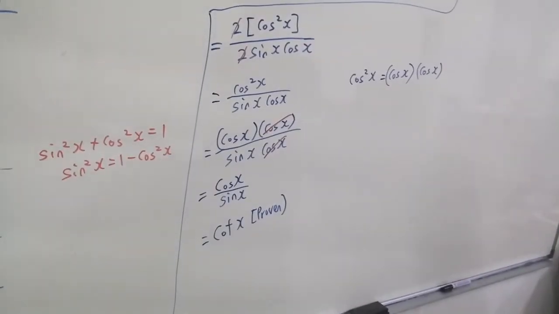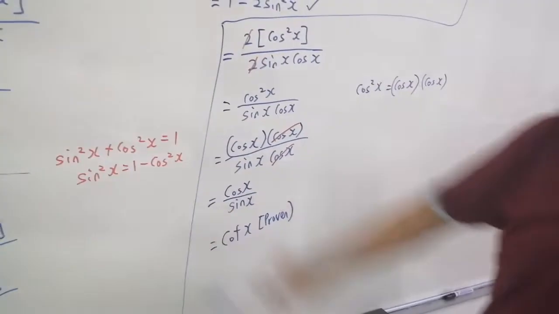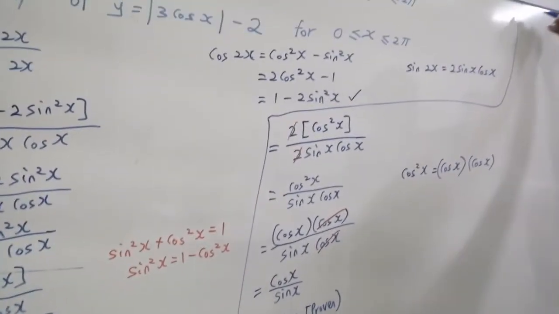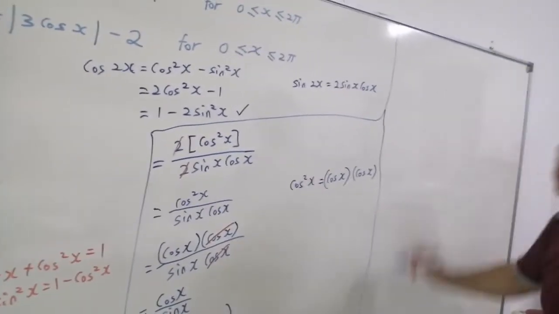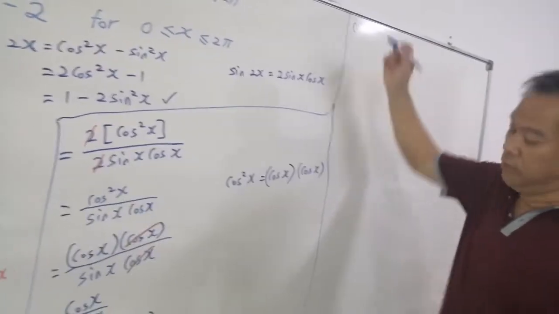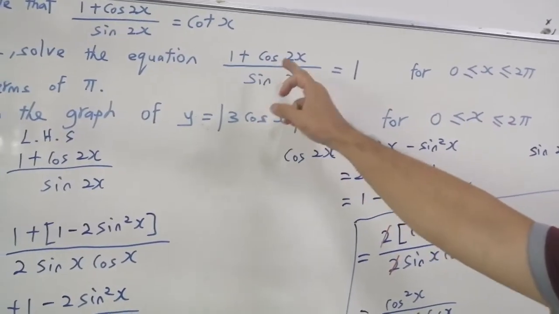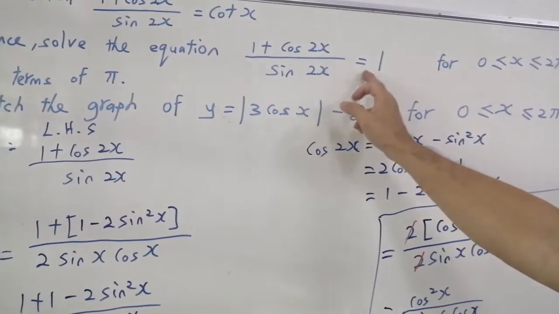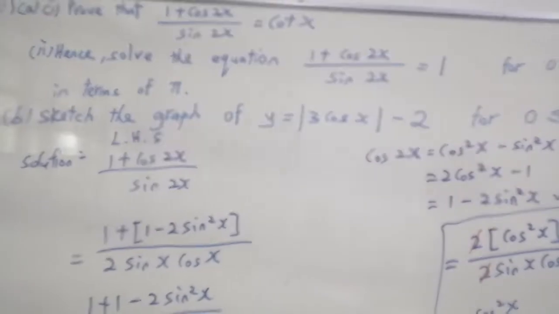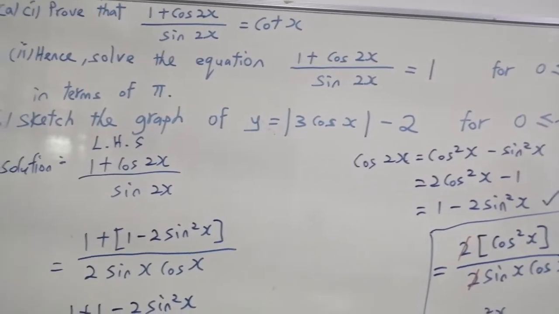Part 2. They ask me: hence solve the equation (1 + cos 2x) over sin 2x equals 1, in terms of pi. My answer will be in terms of pi.